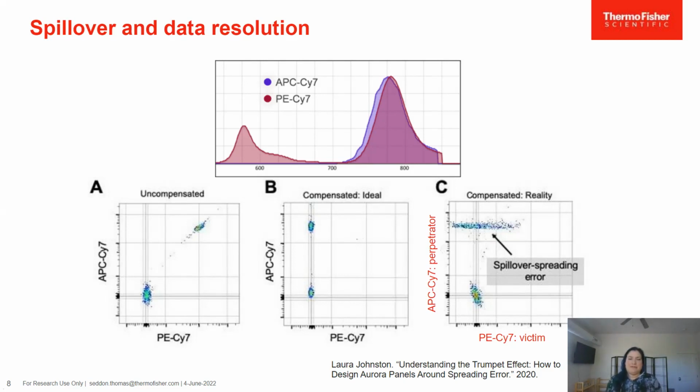And so what this means is that you're losing resolution of your data. So if you had something that was incredibly bright, you would easily be able to separate it. But if you had something dimmer, it would be harder to determine what is noise and what is your signal. And so, in this context, we would refer to APC-Cy7 as the perpetrator and PE-Cy7 as the victim. So basically, you're losing that resolution in your PE-Cy7 channel because of this.